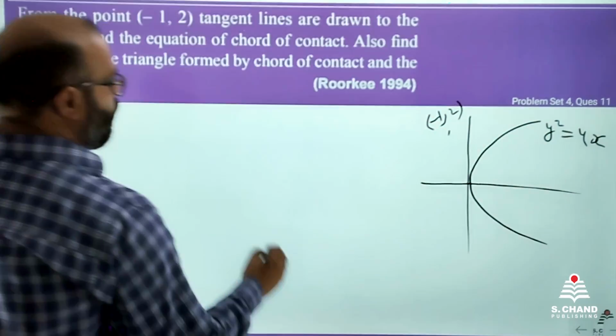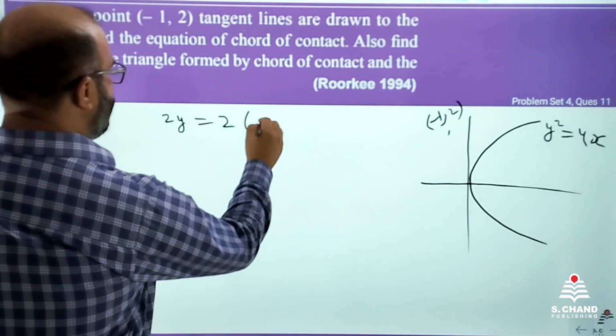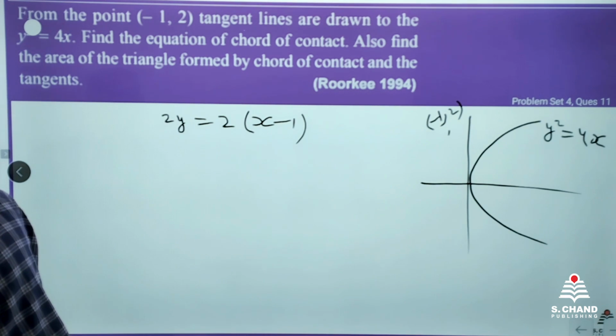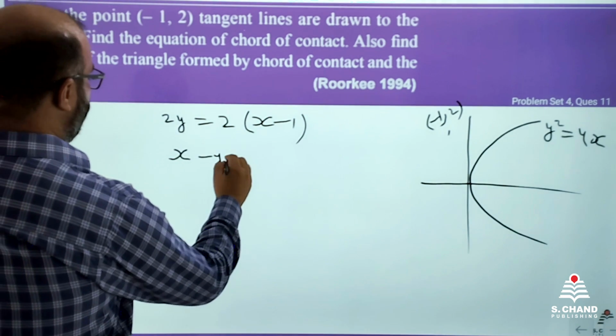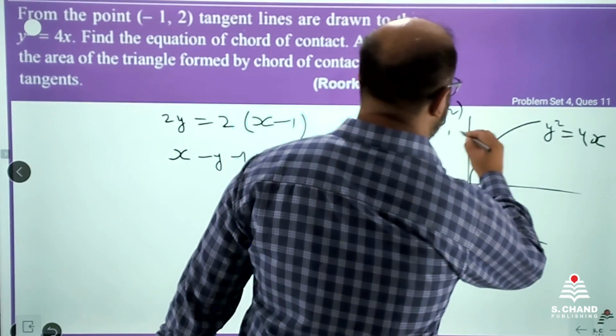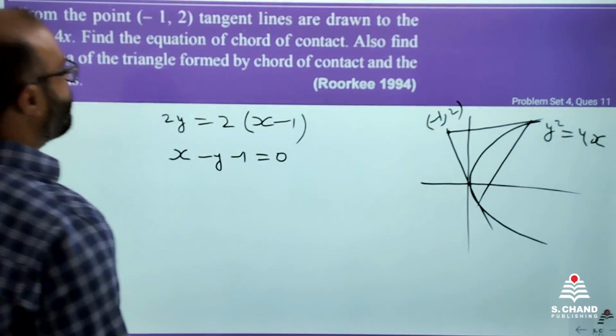To find the equation of chord of contact, that will be 2y is equal to 2(x minus 1), so we can simplify it as x minus y minus 1 equal to 0. So there are two tangents and this is the chord of contact.